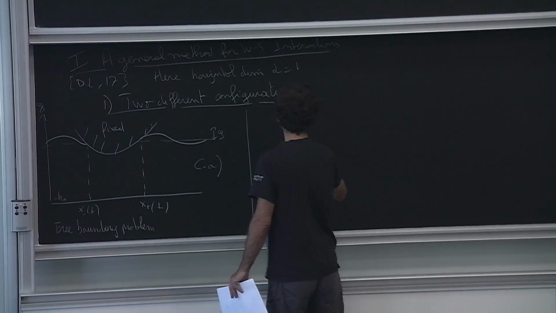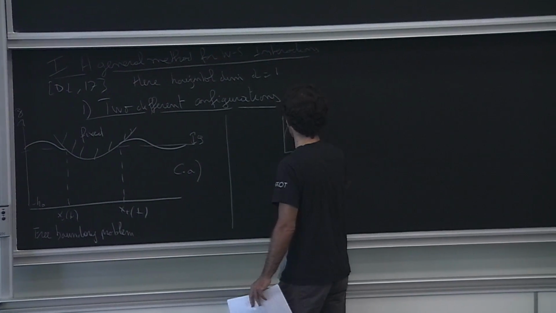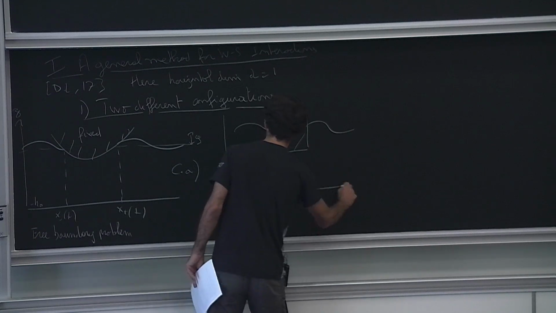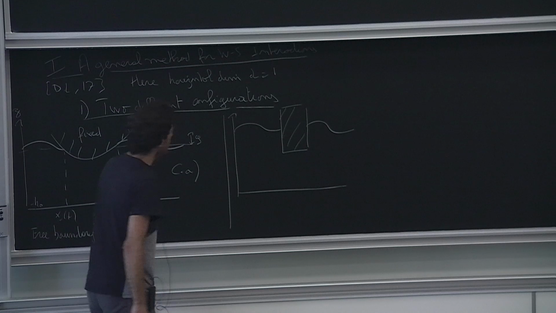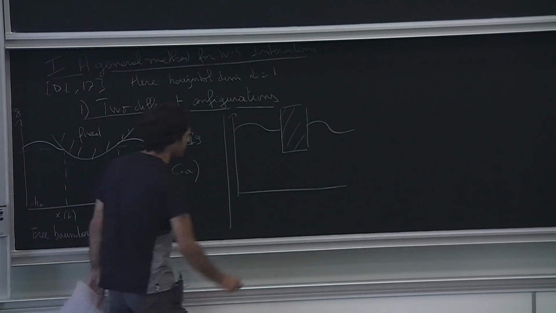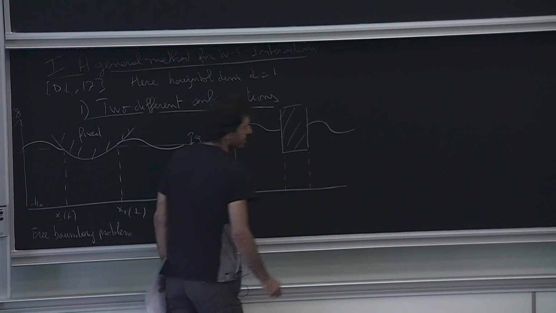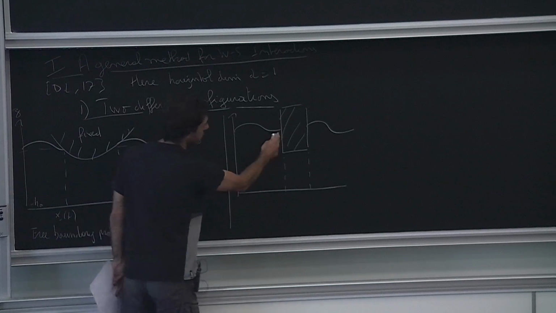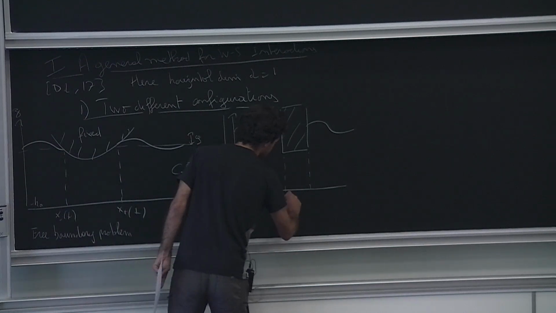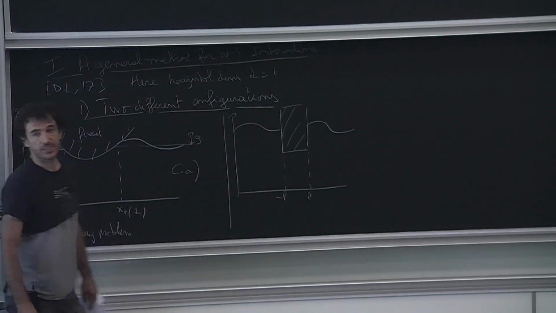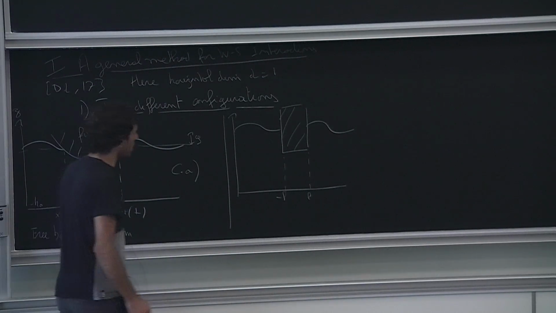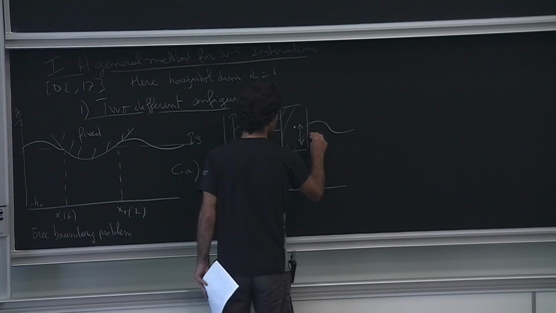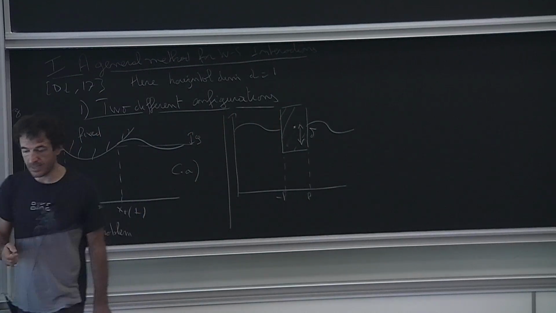Then second configuration, I will take an object which is like this. It interacts with the waves, it's the same notations otherwise. So here you see that you don't have this free boundary problem. So in this sense, it's easier because the horizontal coordinate of the contact points are fixed. So I will write them minus L and plus L. And here the difficulty will be that I will assume that the object moves and delta will represent the vertical displacement of the object.